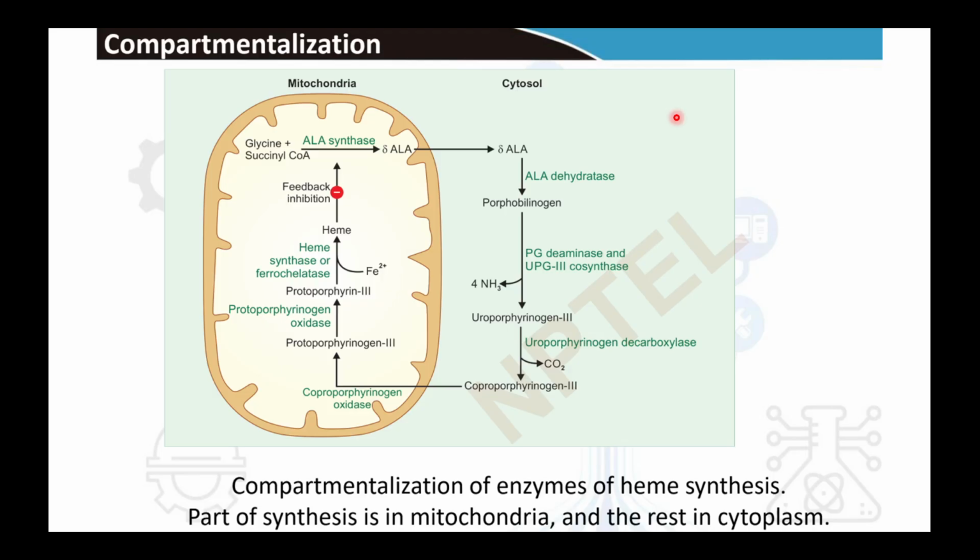And when excess heme is produced, it directly inhibits the ALA synthase, which is the first enzyme in the pathway. So if it inhibits ALA synthase, the cycle will stop there.